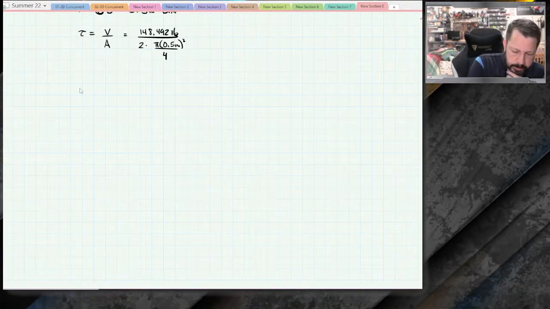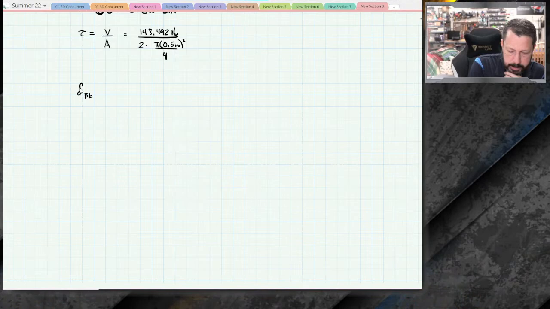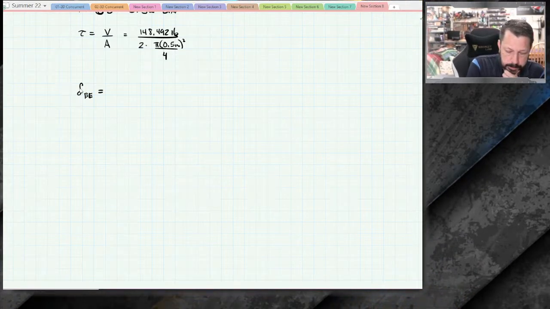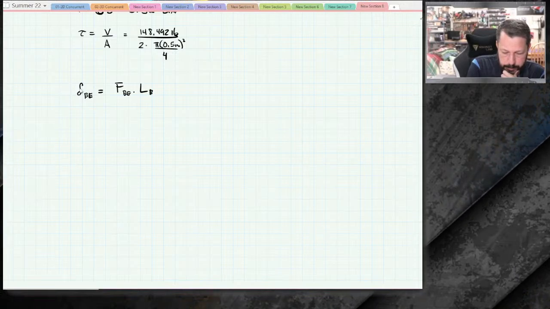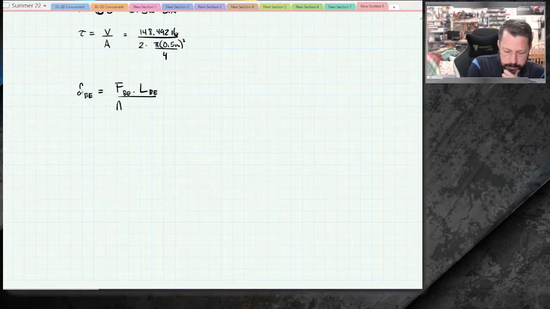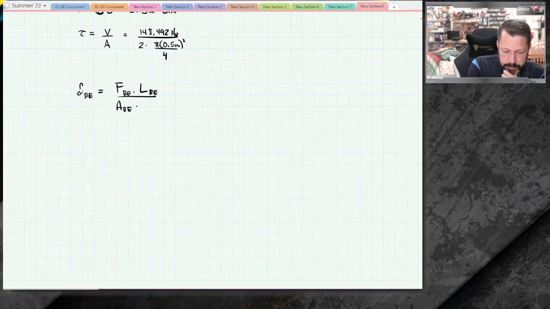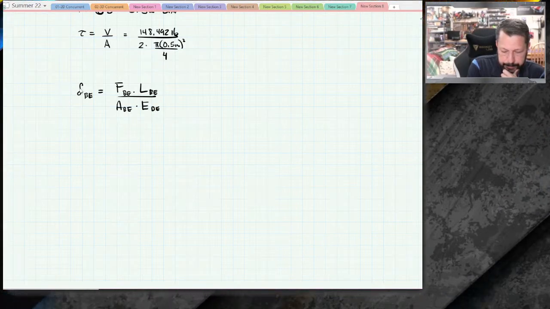So it wants delta of member BE equals the force in member BE times the length of member BE over the cross-sectional area times its modulus of elasticity.